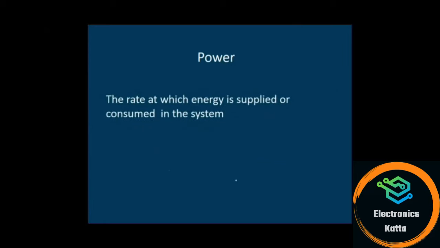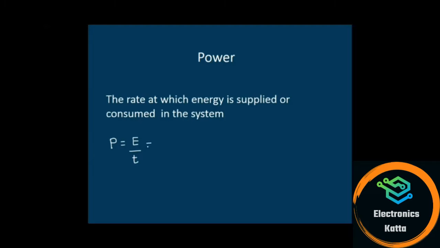Power can be defined as the rate at which energy is supplied or consumed in the system. Power is denoted by the symbol P, and mathematically it can be written as P = E divided by T. That is the rate at which energy is supplied or consumed in the system.